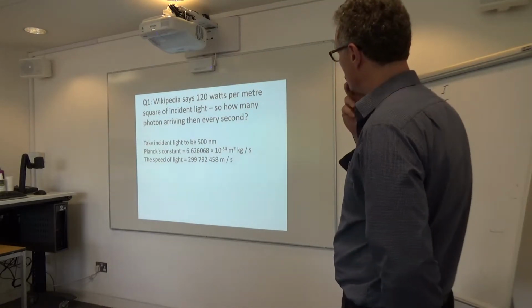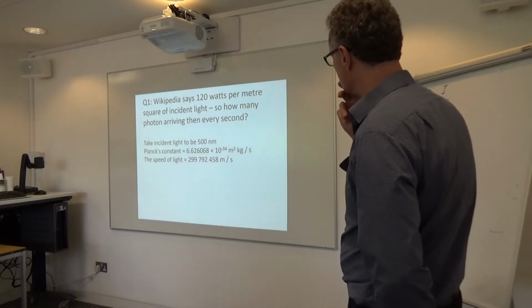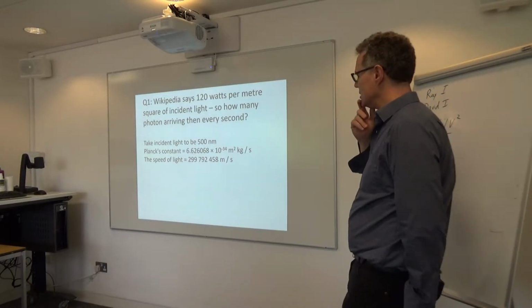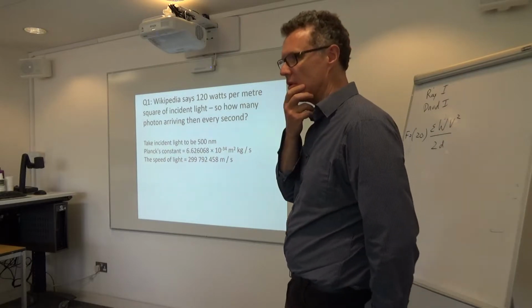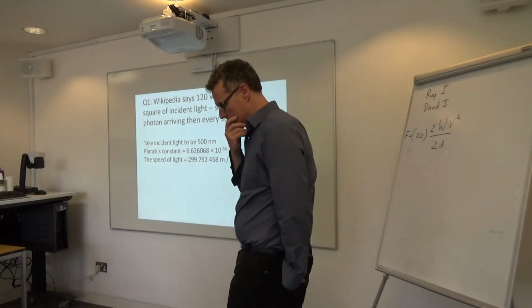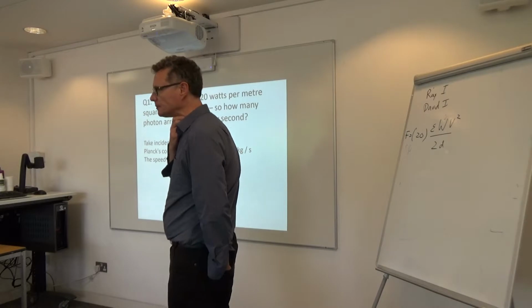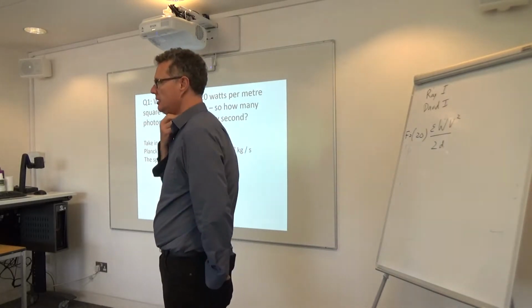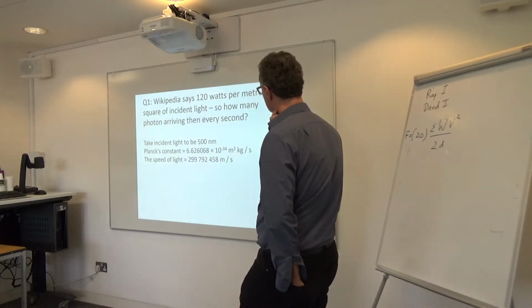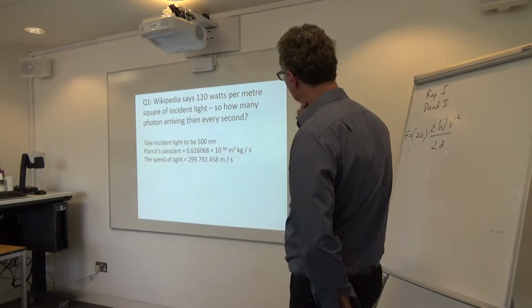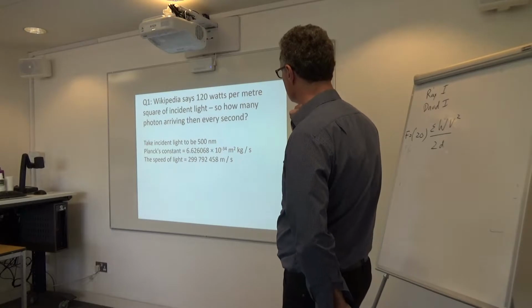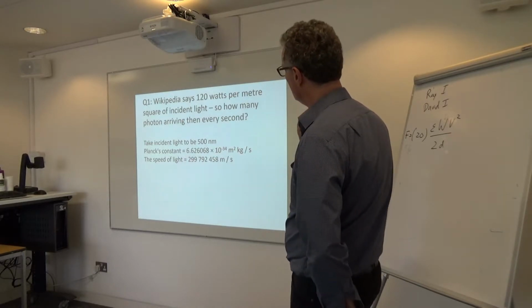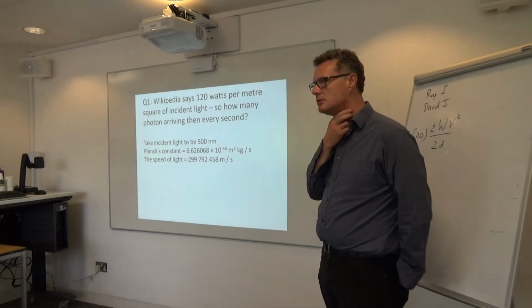So you've got 120 watts per meter squared. Watts represents what SI units? Joules per second, yeah. So we know we've got 120 joules per second. So how many photons will be arriving?